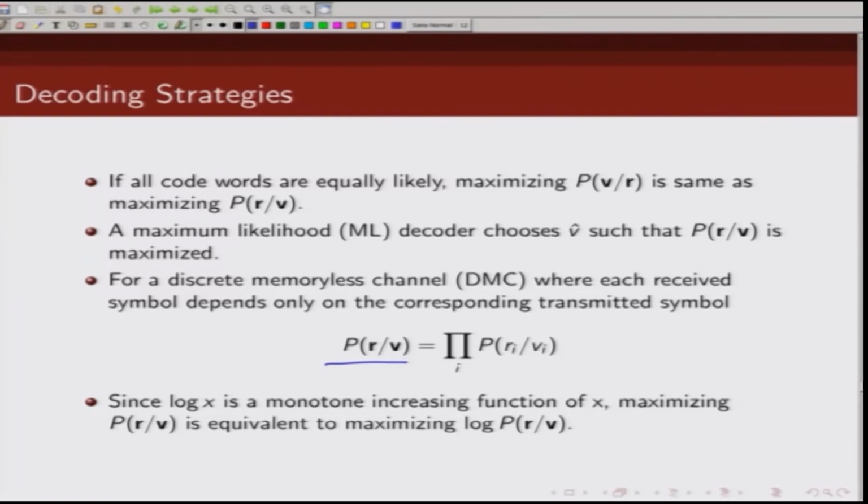If we do that, then this product becomes a summation. So log of the probability of r given v becomes a summation of log terms, and this is much easier to compute.